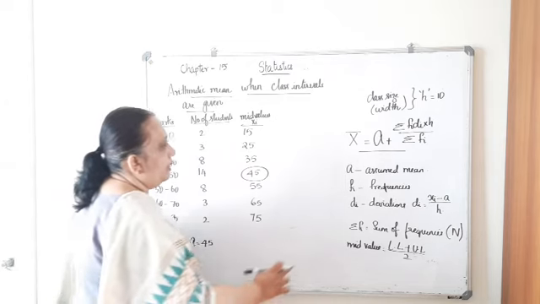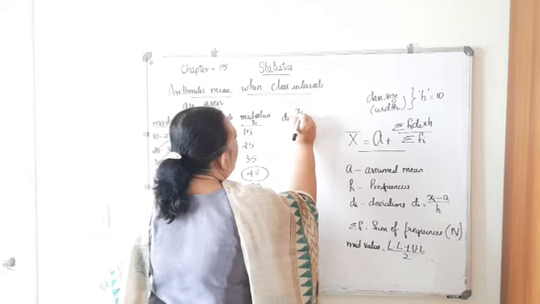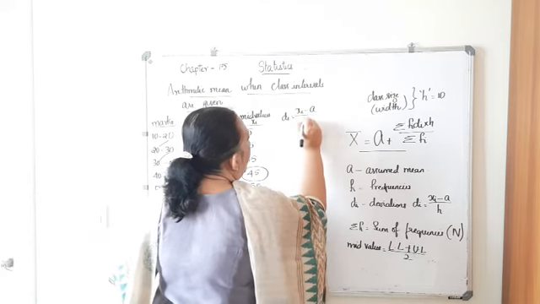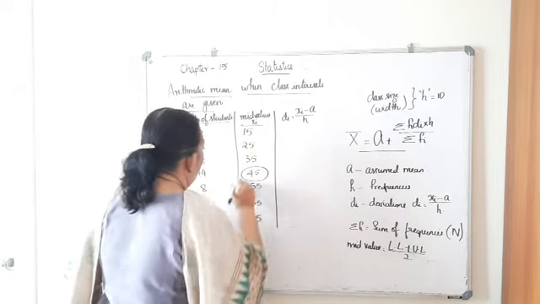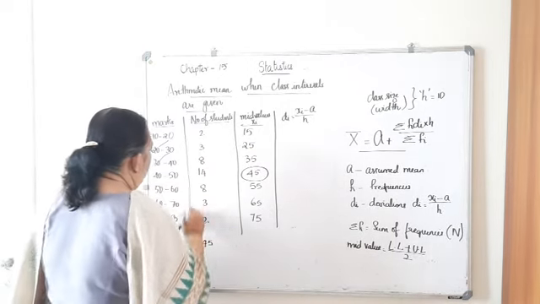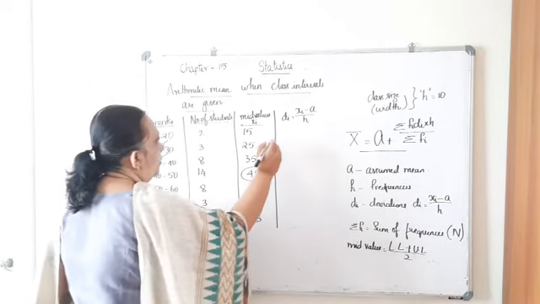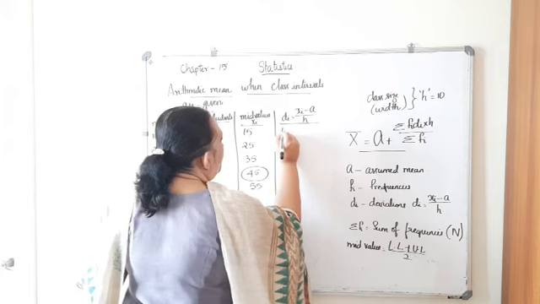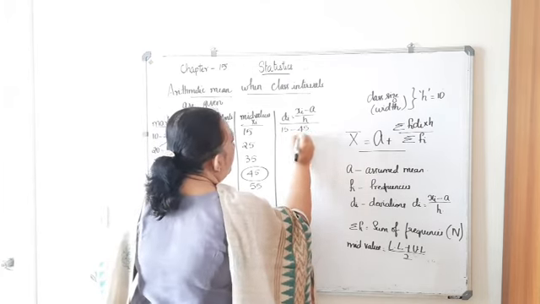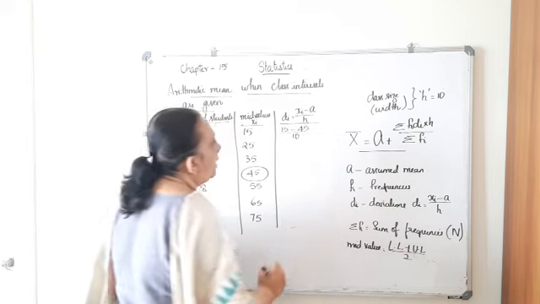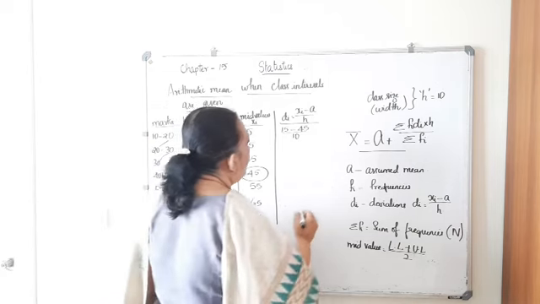Now you have to find out di. Di is equal to xi minus a divided by h. Xi minus a, the first one is 15 minus 45 divided by 10. 15 minus 45 is equal to minus 30.